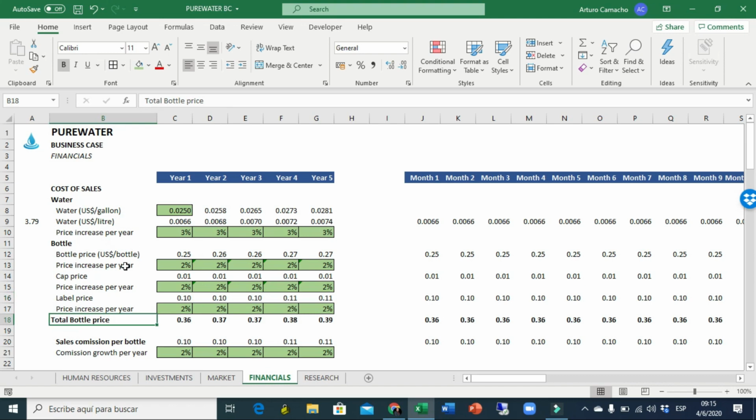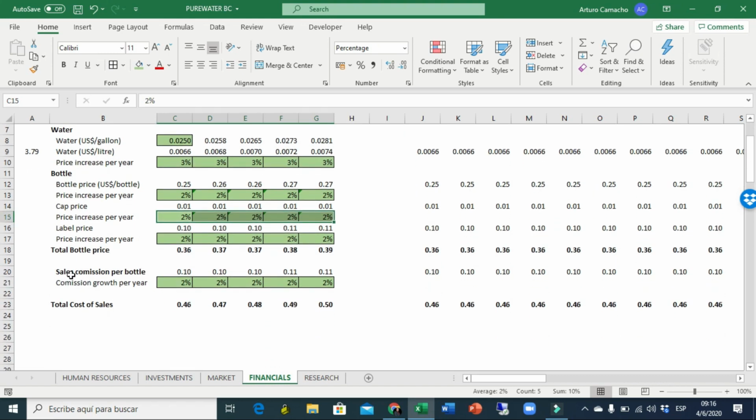So if we add all this up, we obtain the price of the bottle at 36 cents. The first year is going to increase. This is like the inflation rate, but it's separated, so maybe label prices grow less than the bottle itself or the cap itself. So mainly these are the ingredients for the bottle price.